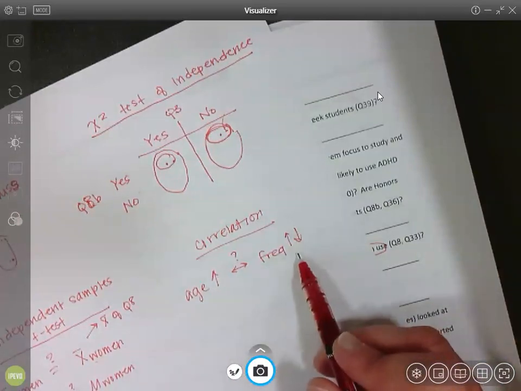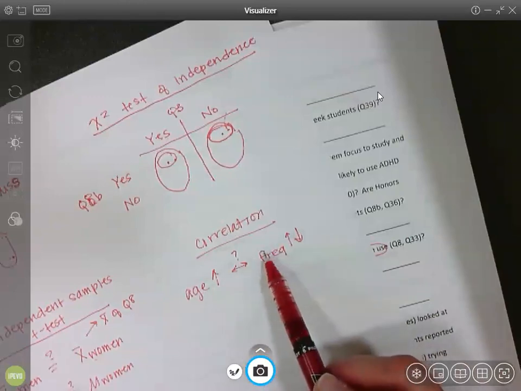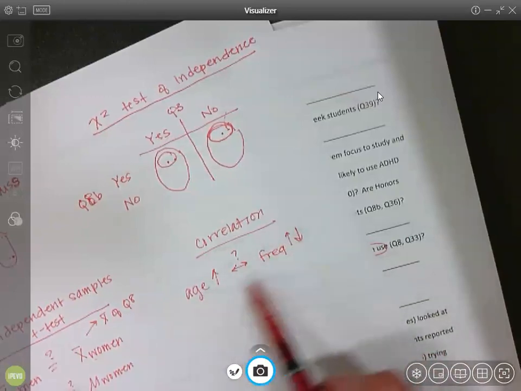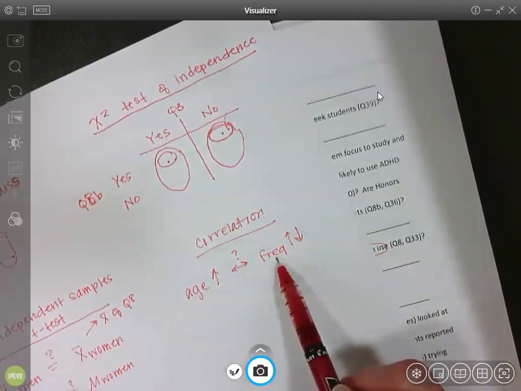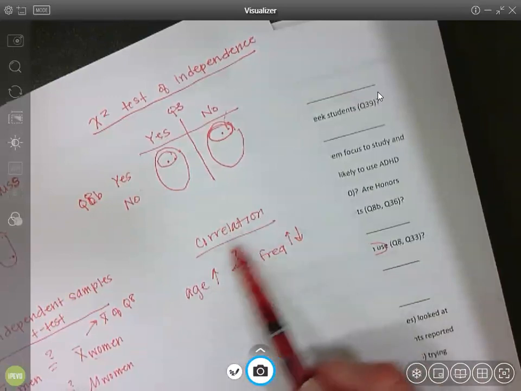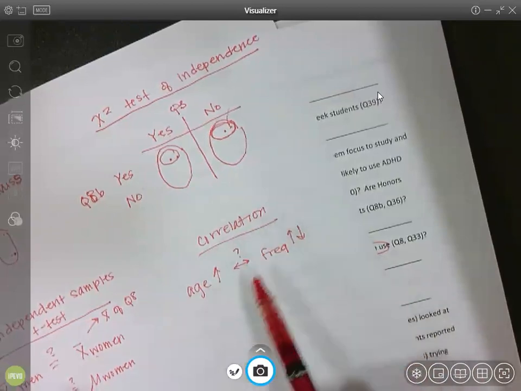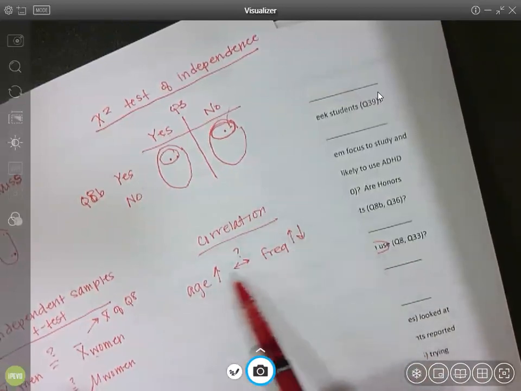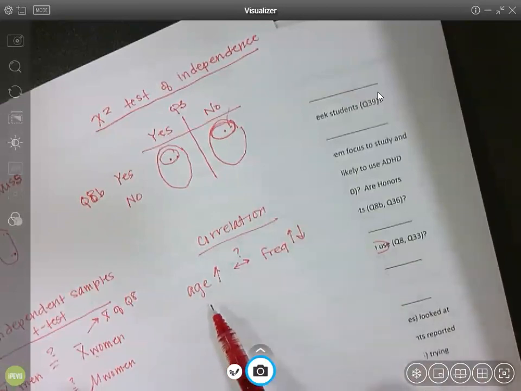Both are possibilities, but we're asking with this correlation whether this pattern exists. The other possibility is that these two things are completely unrelated, that how old you are has absolutely nothing to do with how frequently you take the drug. In that case the correlation will come back with a very small correlation coefficient and a very large p-value, and you would conclude there's no relationship between these two things. Someone's age has no effect on how frequently they take the drug.